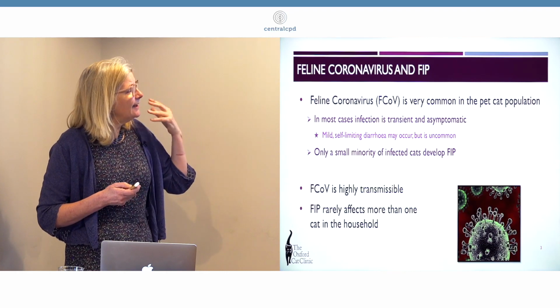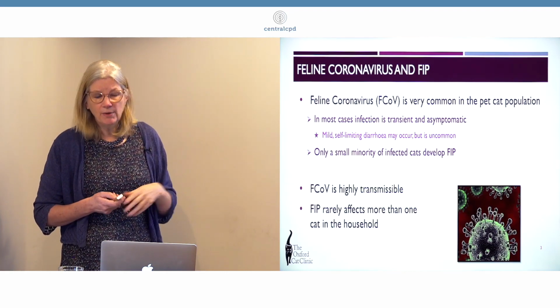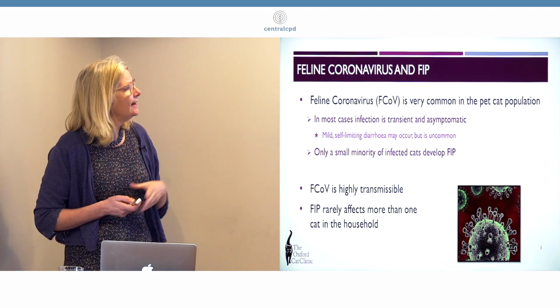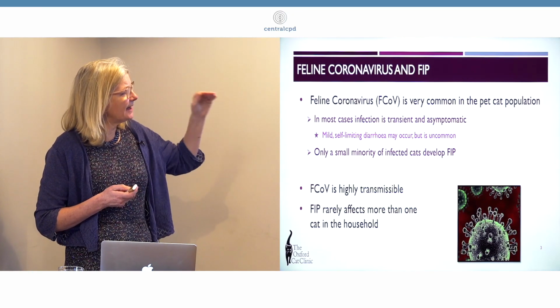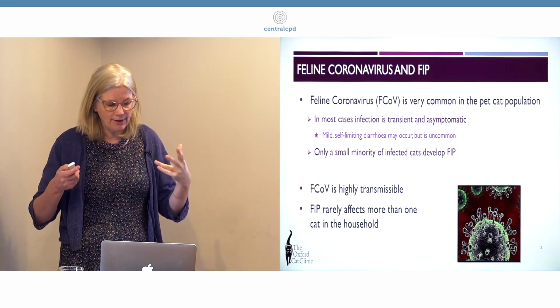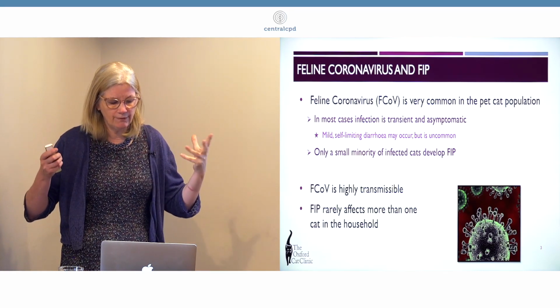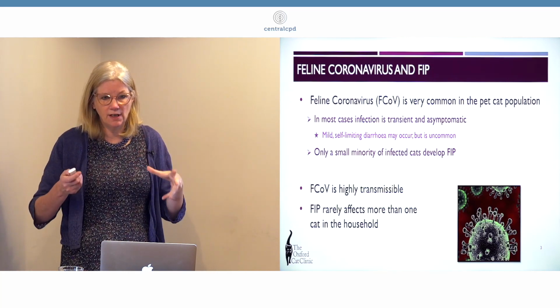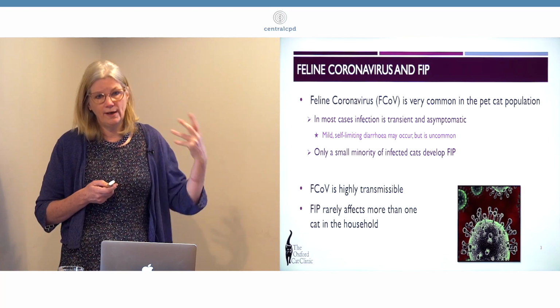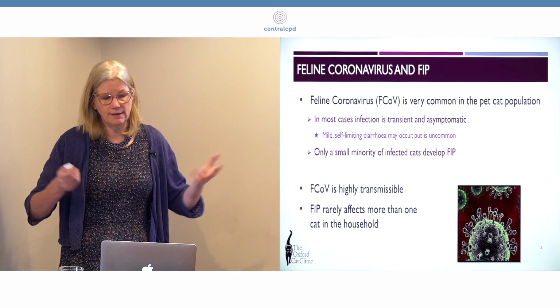It has been labelled as a cause of diarrhea, and we'll come back to this when we talk about infectious causes of diarrhea. But this is again a potential source of confusion. The normal coronavirus is an enteric infection. It lives in the gut. It can cause mild self-limiting diarrhea when a cat first is infected.